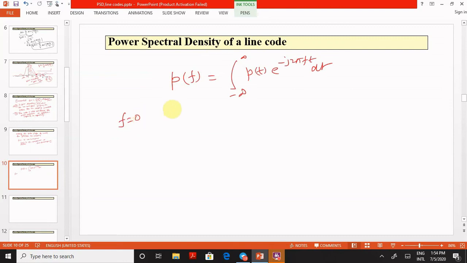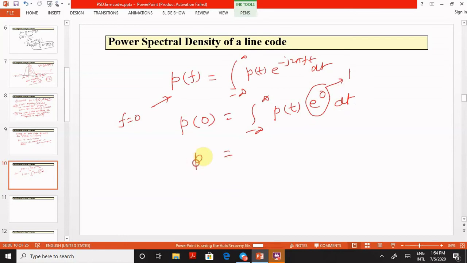So what we are doing now is putting f equal to 0 in this equation, and we try to find out what will happen. If we put f equal to 0, then e to the power 0 becomes 1.